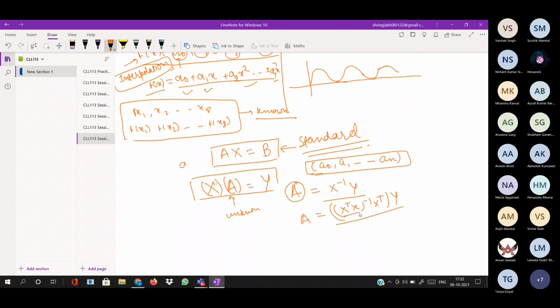Why are we doing it so? So that the inverse can be easily calculated when x is not invertible. This is very helpful. It gives the values of a's correctly.